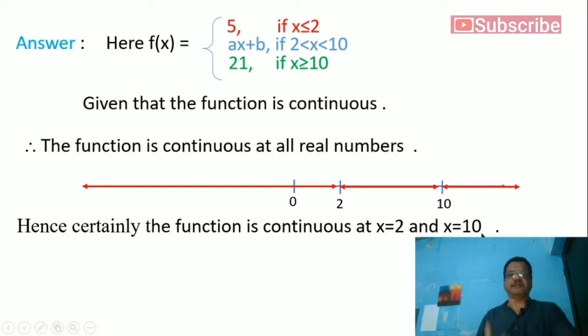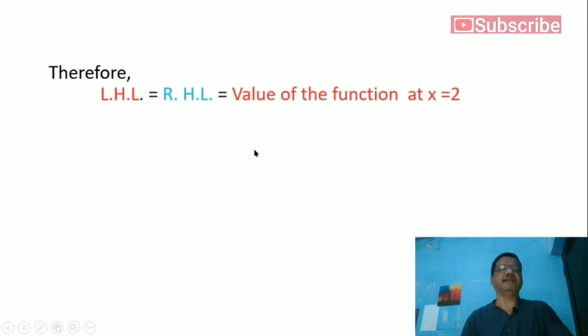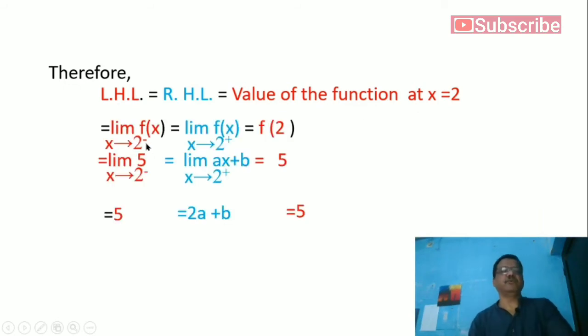If it is continuous at 2, what can we write? We can write that left hand limit is equal to right hand limit is equal to the value of the function at x equal to 2. So when left hand limit is at 2, what do we write? Limit x tends to 2 negative f(x), right hand limit x tends to 2 positive f(x), and f(2) we know is 5.